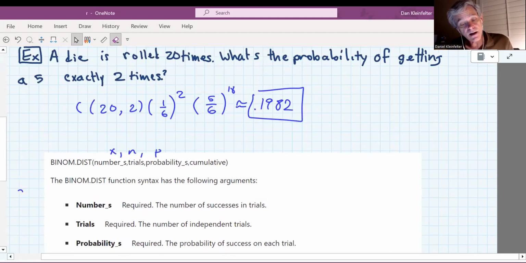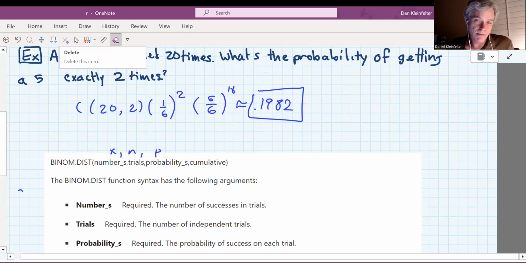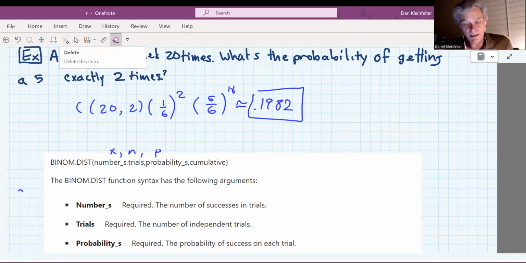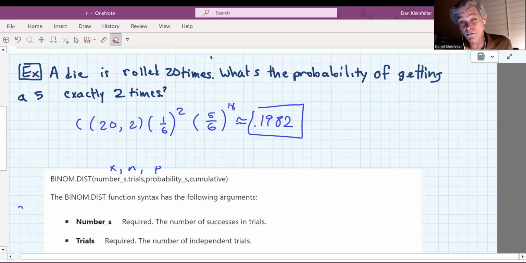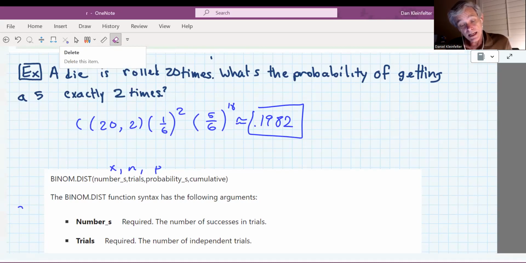So like in our previous example with the die, what if I wanted to know if it was at most 2 times? If it was less than or equal to 2, then I would have made it true here.